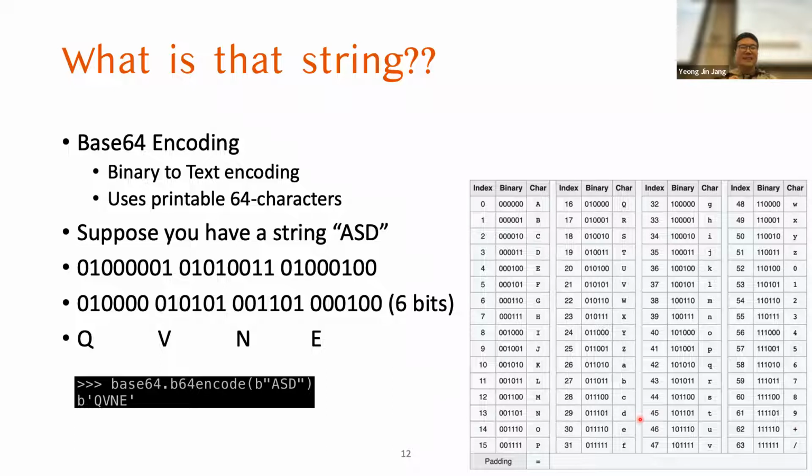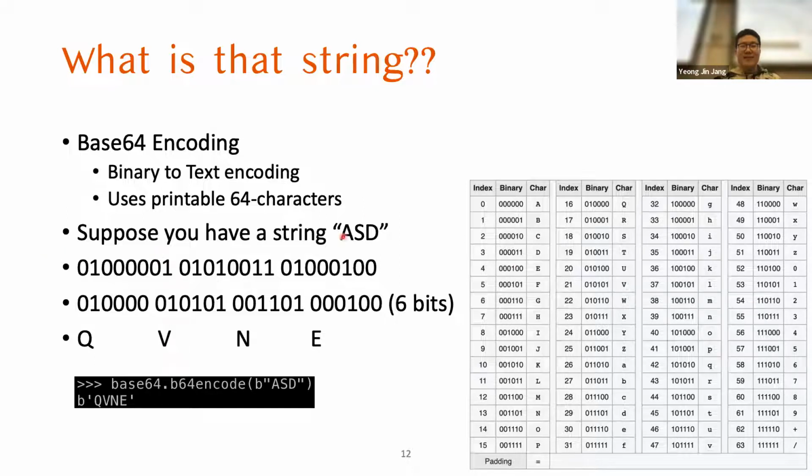The reason we are using that is that 64 characters can be represented as 6 bits. Whenever we have data represented as 8-bit groups, we can change those 8 bits into groups of 6 bits and map each binary value to a character.